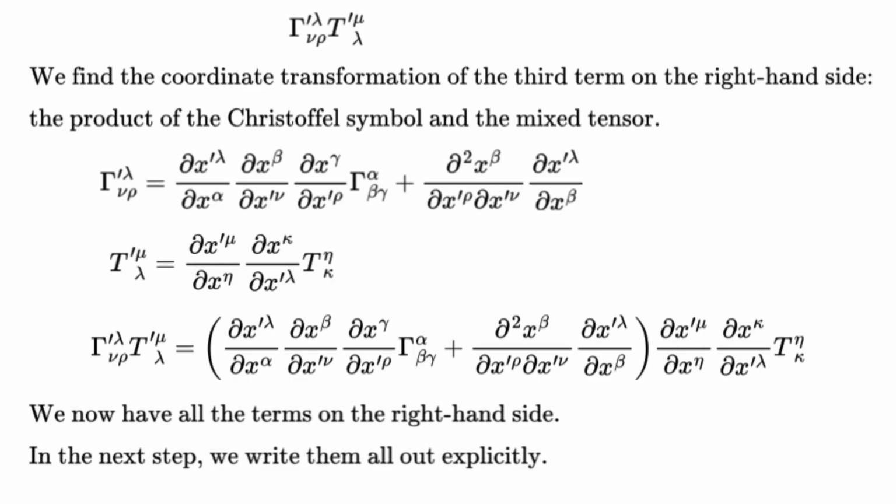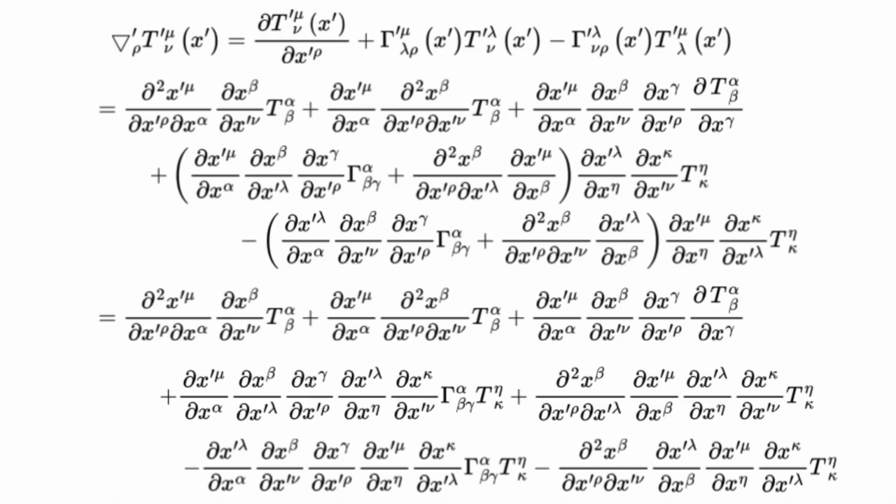We now have all the terms on the right-hand side. In the next step, we write them all out explicitly. We now write out all the terms on the right-hand side explicitly. This expression contains many terms, so please pause here and take your time to verify each one.